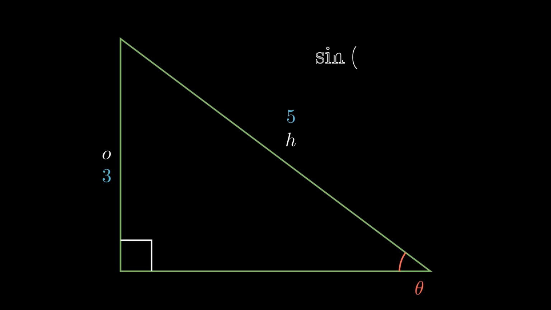Well, if we look back at our cheat sheet, we can see that the regular sine function gives us the opposite side divided by the hypotenuse. However, the regular sine function needs an angle, and we do not have an angle yet.